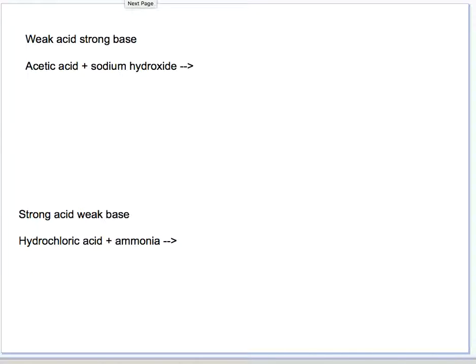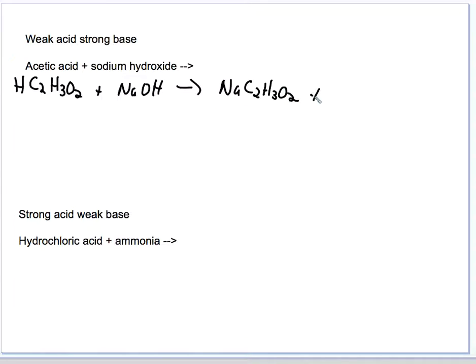Okay, so this one is a weak acid, strong base. All right, so we got acetic acid, which will be HC2H3O2 plus sodium hydroxide. So we're going to make our salt, which will be sodium acetate plus water. Okay, that equation's balanced.